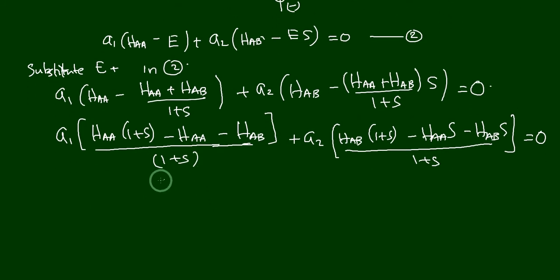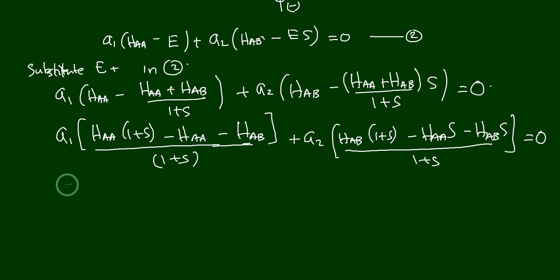Now I can cancel the common denominator from both terms, or divide the whole equation on both sides by 1 plus S. Since the right hand side is 0, 0 divided by 1 plus S is 0 again. So I can omit all the 1 plus S in the denominator.